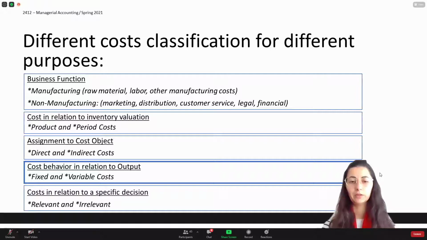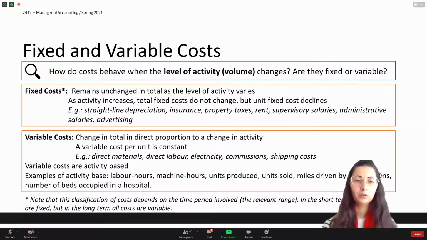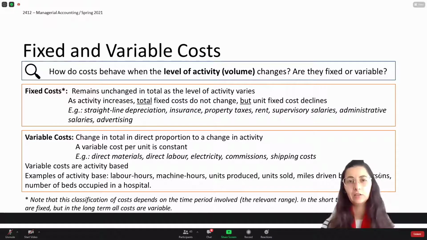So how do we identify? We answer the question: how do costs behave when the level of activity changes? If we produce more, if we sell more units, in terms of volume, will the cost change or not? If the cost changes, it means that it's variable. If the cost does not change, it means that it's fixed.